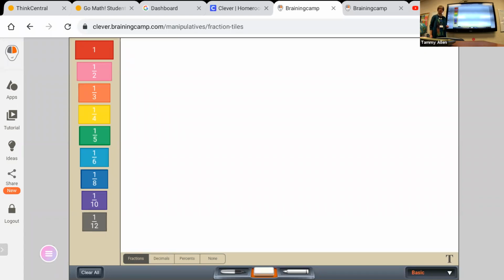Anybody? Yes, sir. When we do our product, we have to do it next to the picture like we did here? No, no. The blocks are there to help you understand it, right? We have to transfer it over to numbers, because you are not going to be carrying around that Chromebook showing everybody how fancy this is.